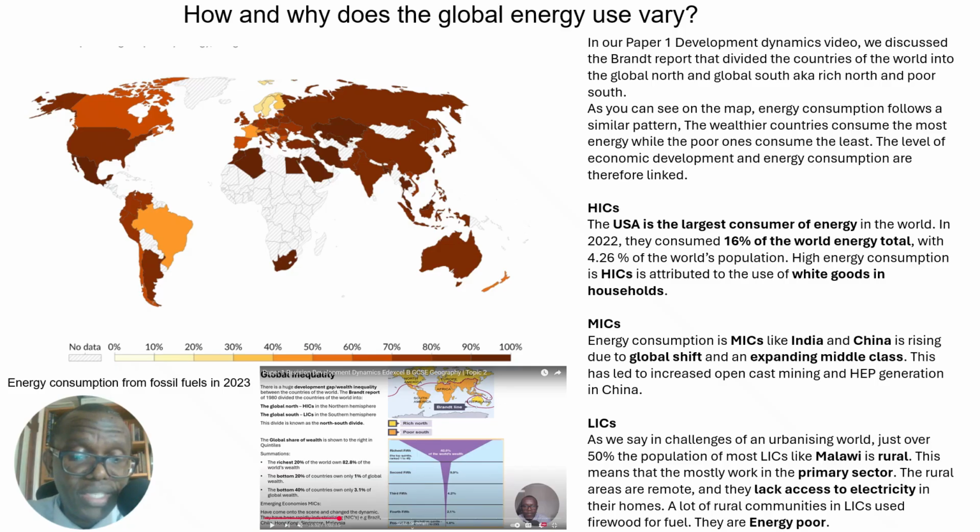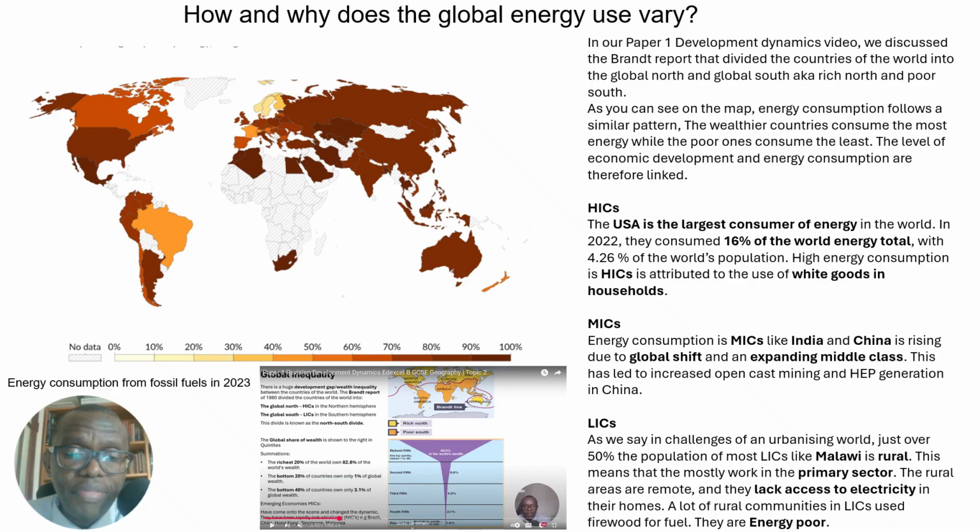That middle class is getting richer, and a lot of them are buying white goods en masse, and also having one or two cars on the road. That has led to things like open cast mining to get the electricity they need for their industries, as well as hydroelectric power stations being set up in places like China and India.